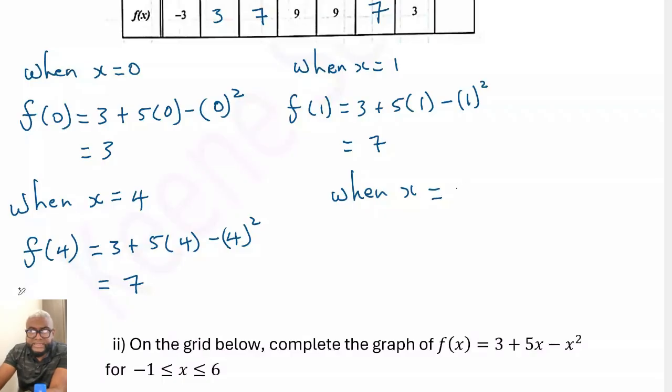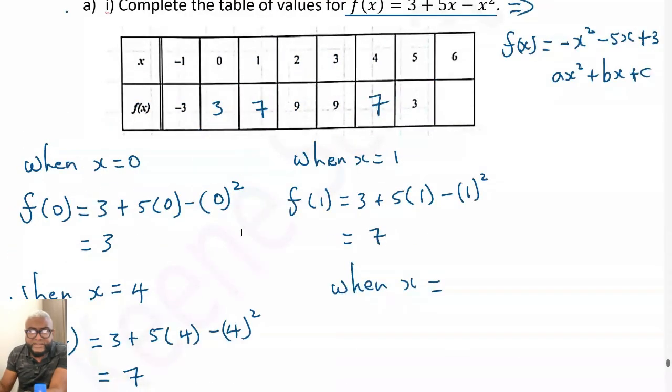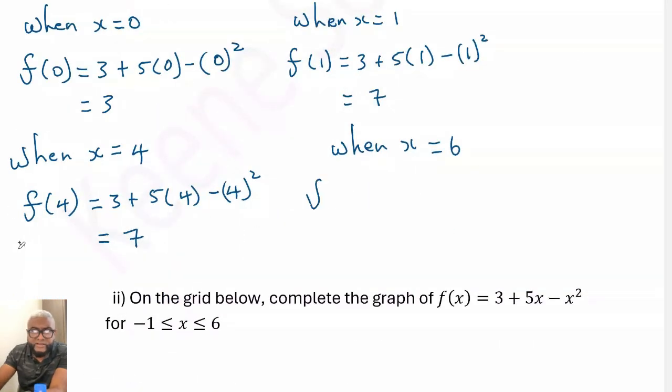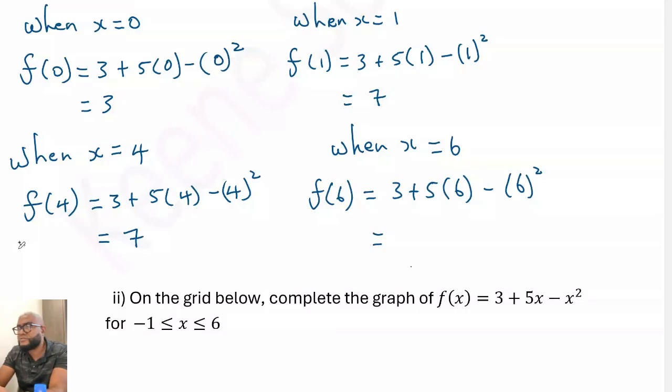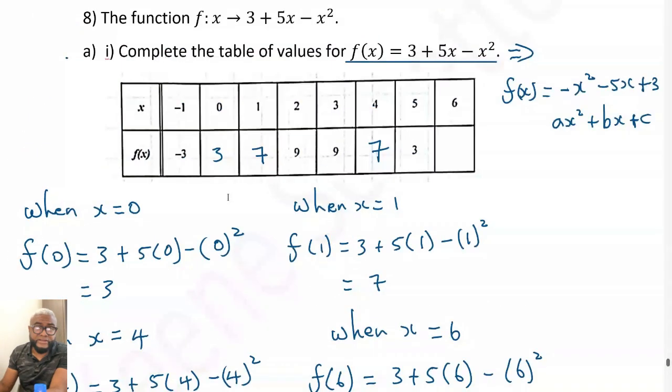When x is equal to, what's the value of x in the last column? 6. So we're trying to find f of 6. It will be 3 plus 5 by 6 minus 6 to the power of 2. F of 6 will be equal to -3. So I'm going to write in -3.